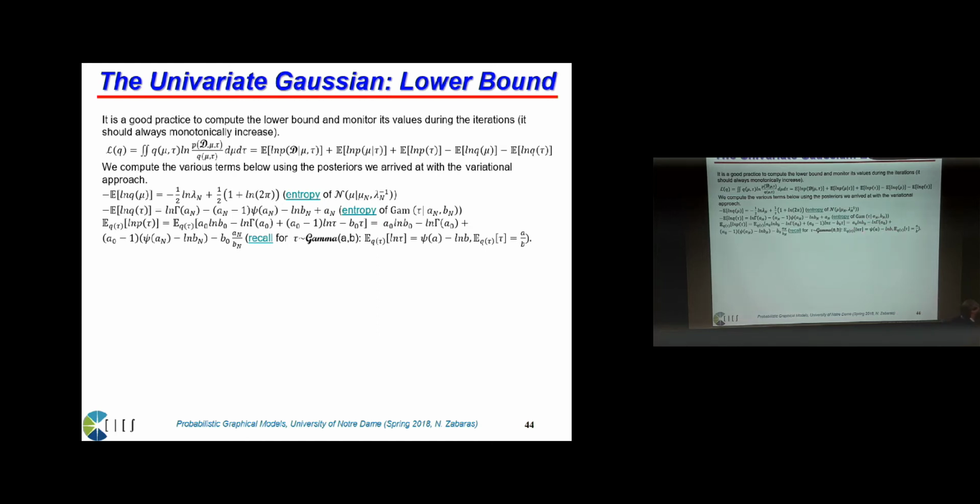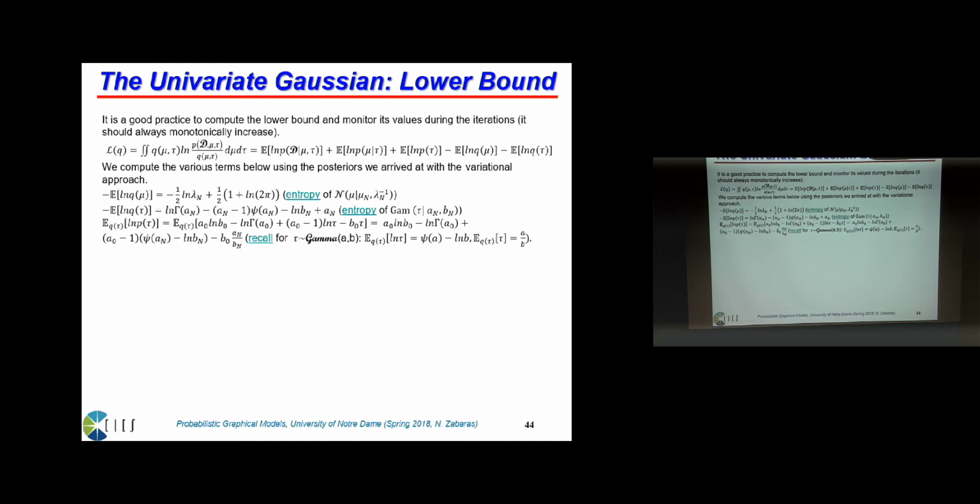If tau is gamma distributed and you take the expectation of the log of tau with respect to the gamma distribution, with parameters a and b, the result is psi, the digamma function, calculated at a, minus log of b, okay? And you also need to compute the mean of a gamma distribution, which is a over b. So basically, you're done with this term as well.